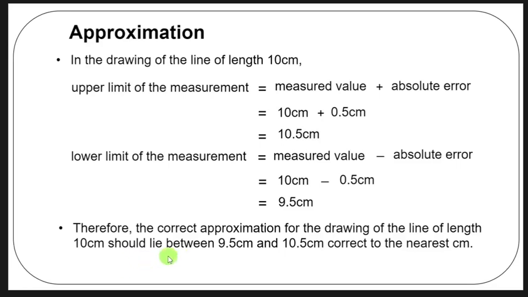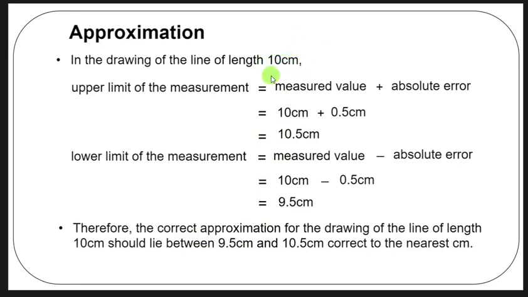All right, so we are saying, therefore, the correct approximation for the drawing of the line of length 10 centimeters should lie between 9.5 centimeters and 10.5 centimeters, correct to the nearest centimeter. So if you were to make that line and tell us that it is exactly correct, we'll say you won't be able to get it exact even when you claim to.